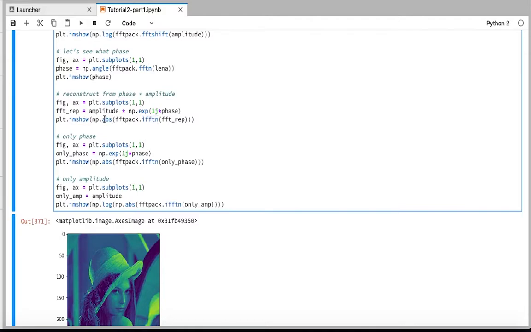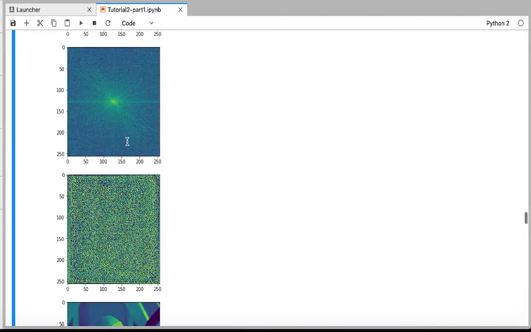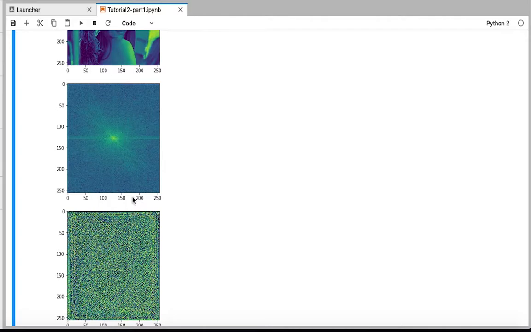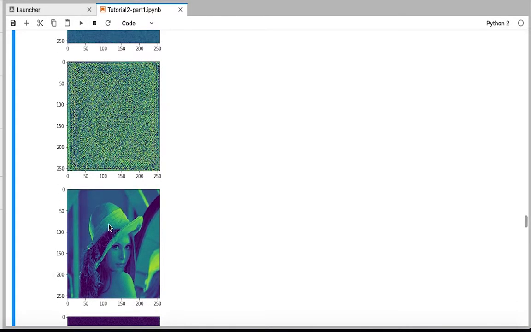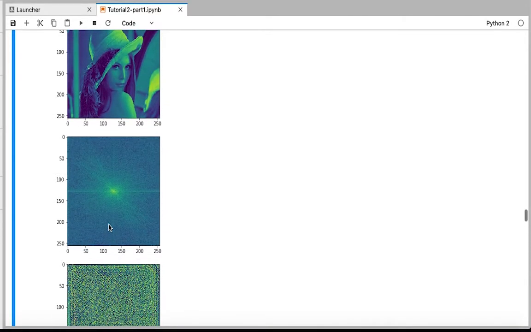I'm doing an abs here because when you do an IFFT, since it's not totally accurate, it's just an approximate one, it still produces a complex number, but you can either just check the real part of the output or just take the abs of it. So I'm doing just the abs. I'm just combining these two, and I can see that I can reconstruct Lena back, right? So the Fourier transform is fine.